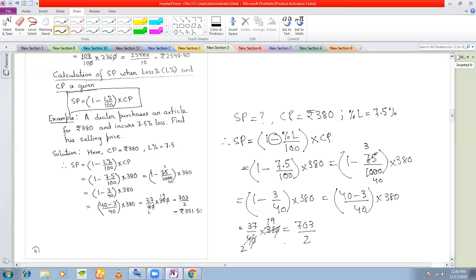You get 703, and 37 into 19 is 703, divided by 2, which is rupees 351 point five. So this is your selling price. Very interesting to notice that the cost price here is higher than the selling price. So that is why he is incurring a loss.